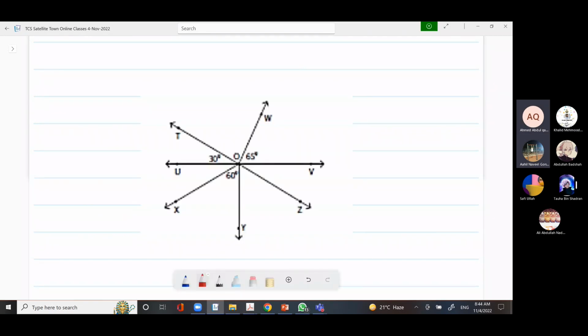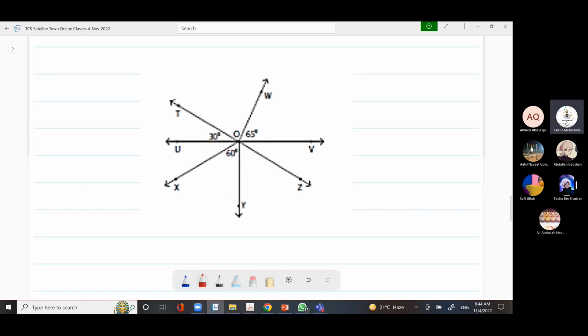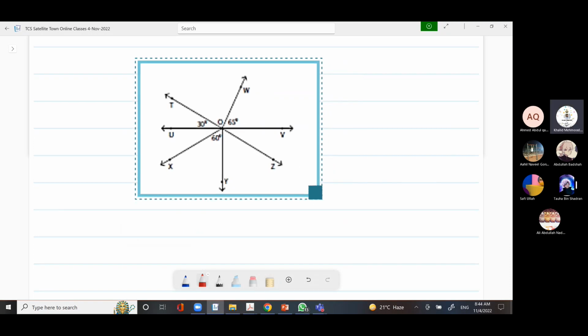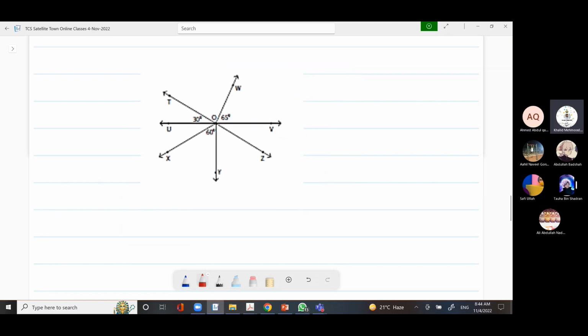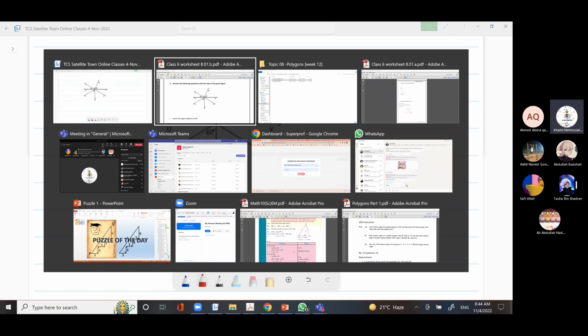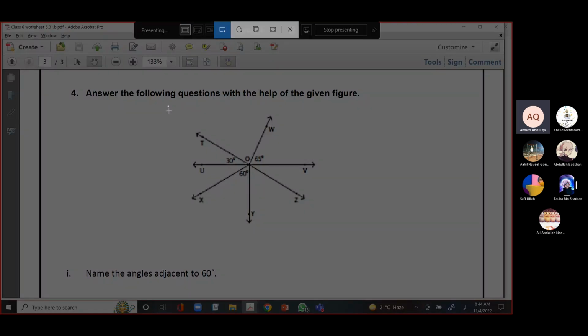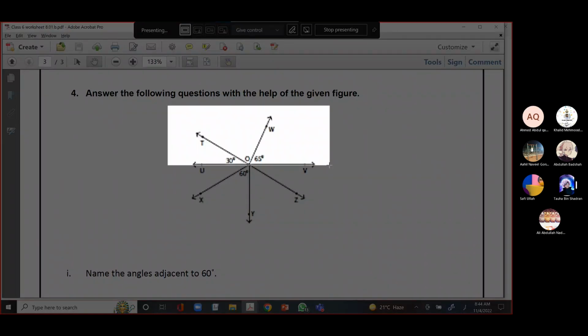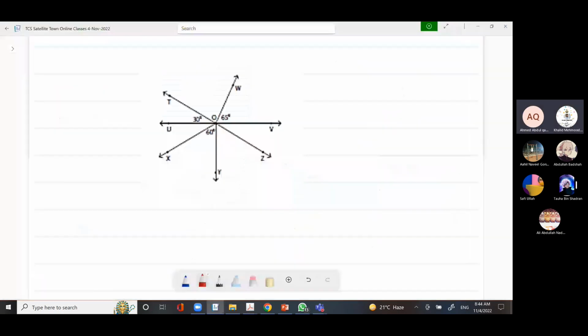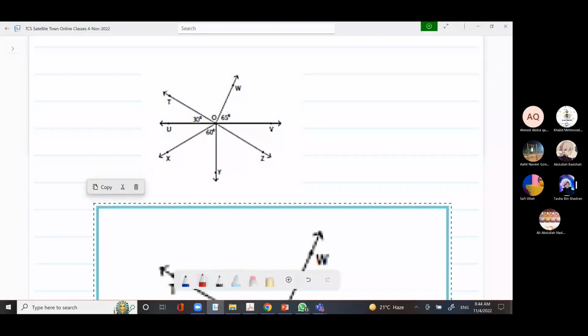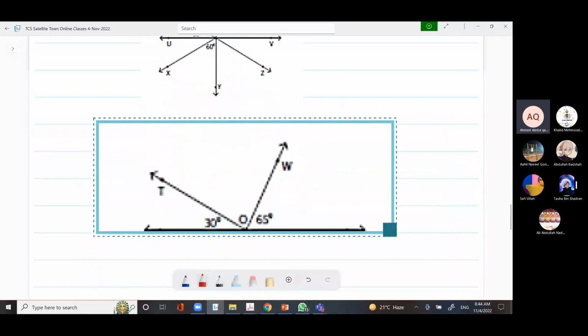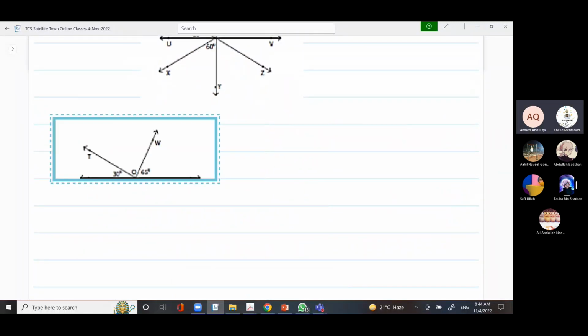Sir, 0 and 60 degrees are vertically opposite. Okay. Now I'm giving you a hint about it. Whenever you find this type of shape, make it like this, I'm copying one shape here. The top one is so easy.